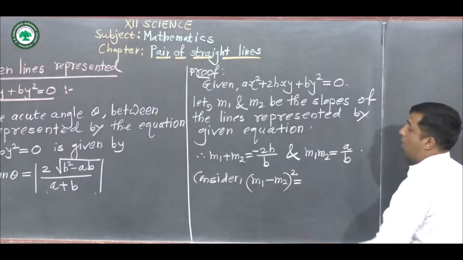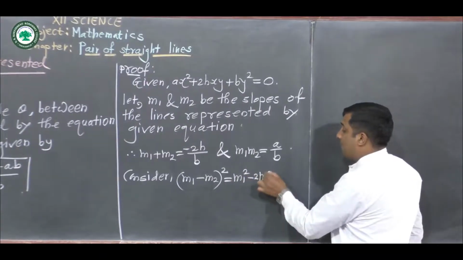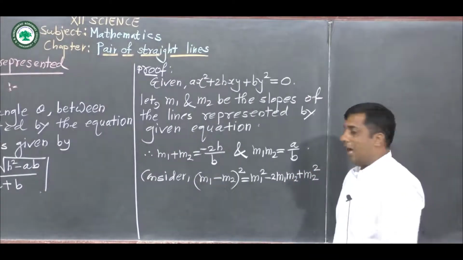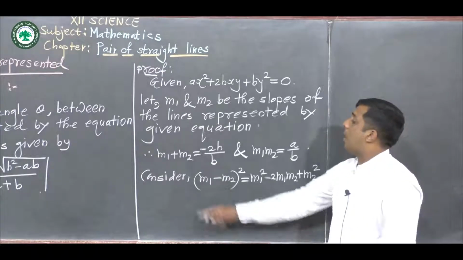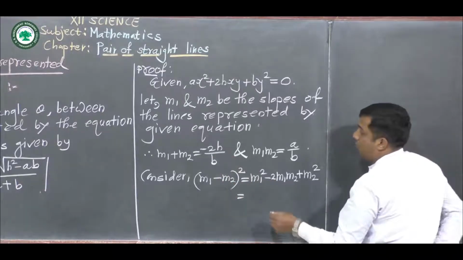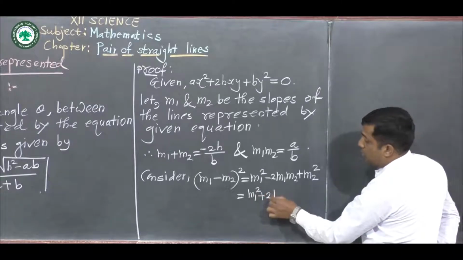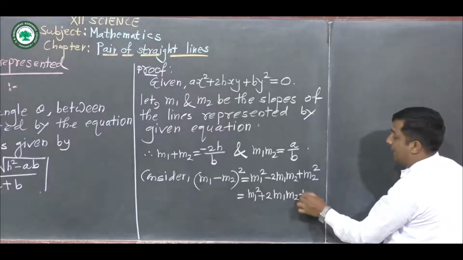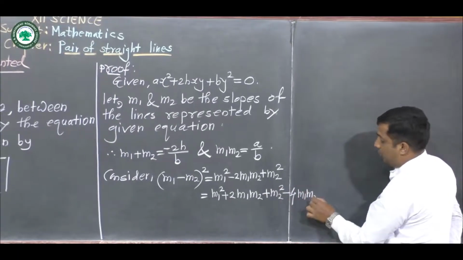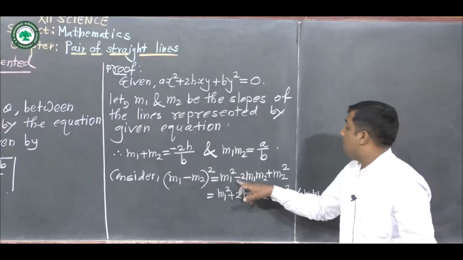We know the expansion of this bracket is m1 square minus 2 times m1 m2 plus m2 square. Now we have to write this in the form of m1 plus m2 and m1 m2. So I write this as m1 square plus 2 times m1 m2 plus m2 square minus 4 times m1 m2.